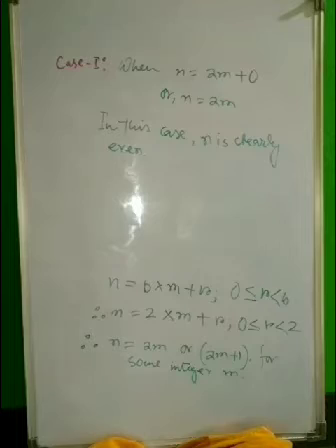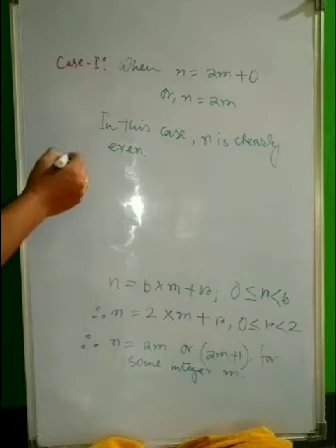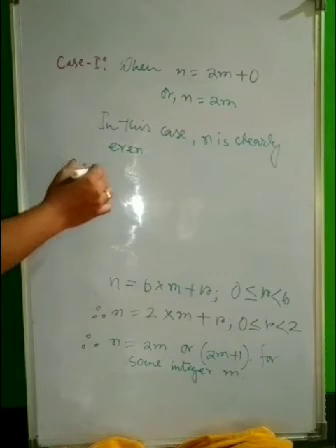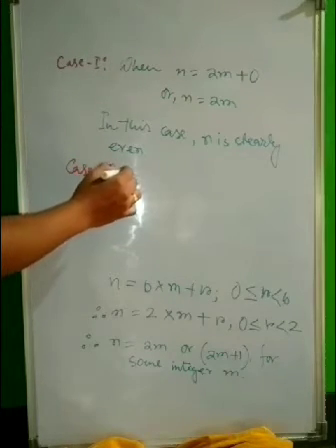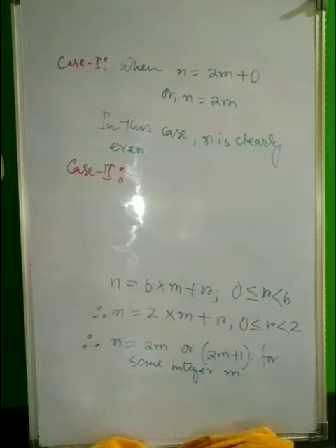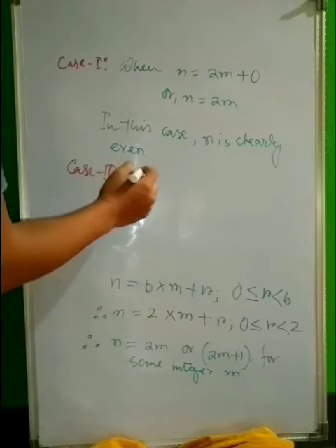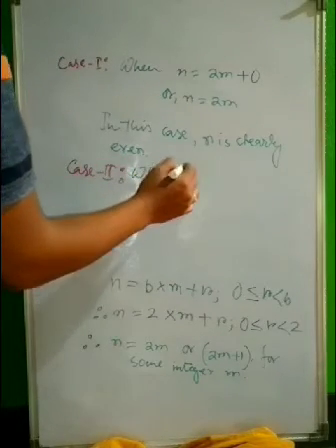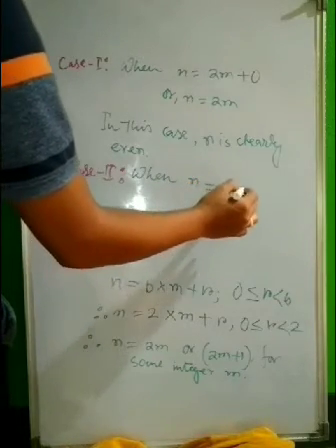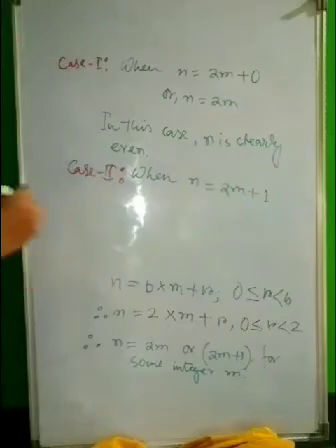Now the other case is for odd, 2m plus 1, meaning remainder 1. This is case 2, when n equals 2m plus 1.